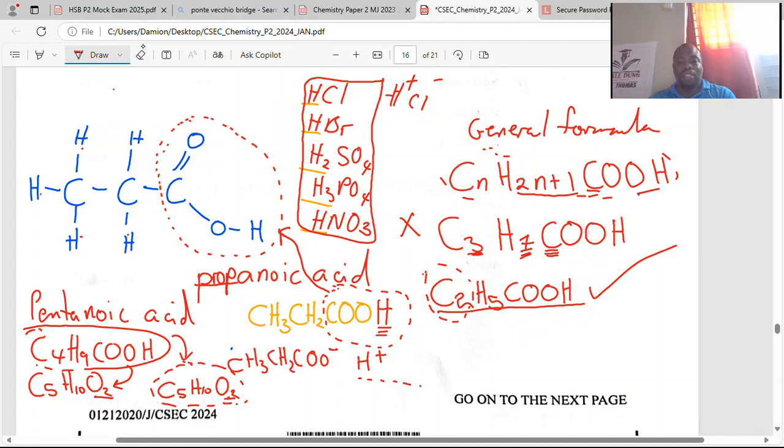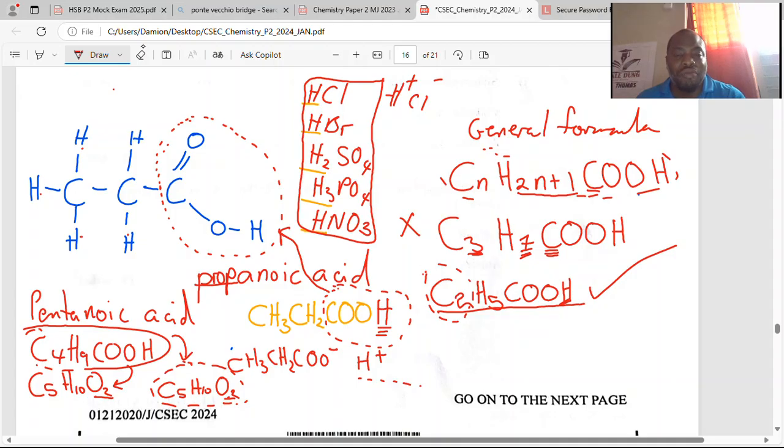Now, as well, do remember that when these acids react, it's going to be that hydrogen at the end that is being replaced. It follows the same concept as your previous acids. Just like a metal will react with hydrochloric acid, giving you the salt and hydrogen gas, it's the same way these acids will provide you with salt and hydrogen gas.